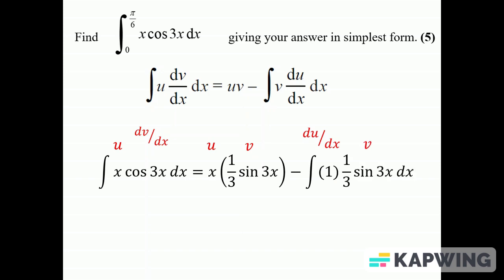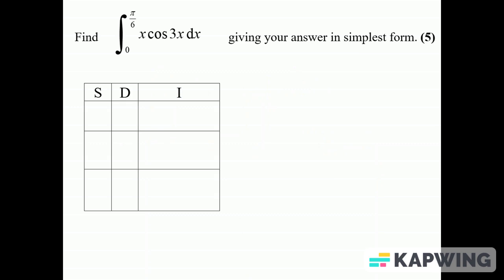And then the v, I'll just work that out: a third sine 3x. So the first term's all right, a third x sine 3x, forget about that 1. If I differentiate cos 3x, I get minus 3 sine 3x, so I need a plus there because I've got a minus. But I need to put a ninth in front because I don't want that 3, I want a third.